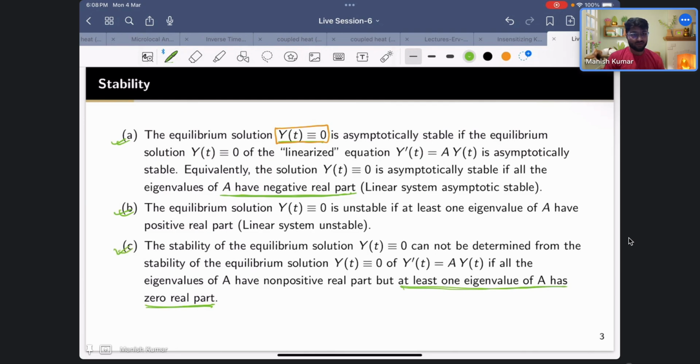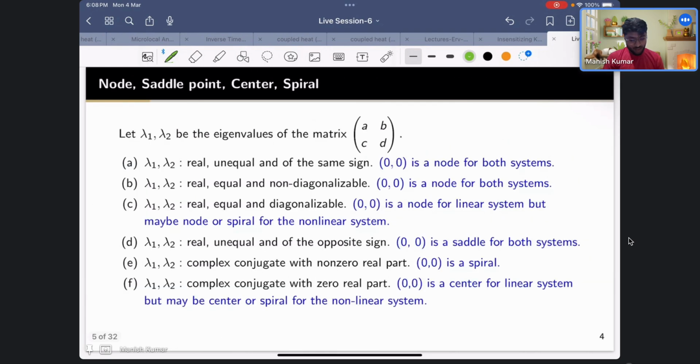In a similar way we'll see how to characterize these equilibrium points in these four categories using the linearized result. So maybe you can consider these three cases together.